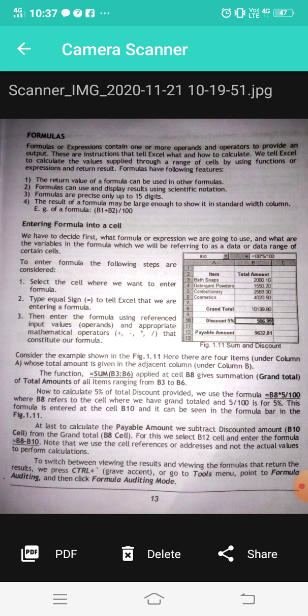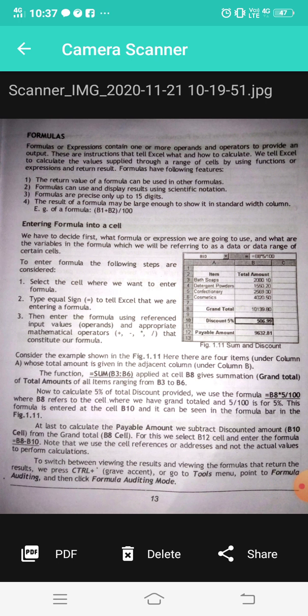The first one: select the cell where we want to enter the formula. We select a cell with the help of a mouse where we are going to enter our formula. The second step: before entering a formula, we have to type the equal sign to tell Excel that we are entering a formula.